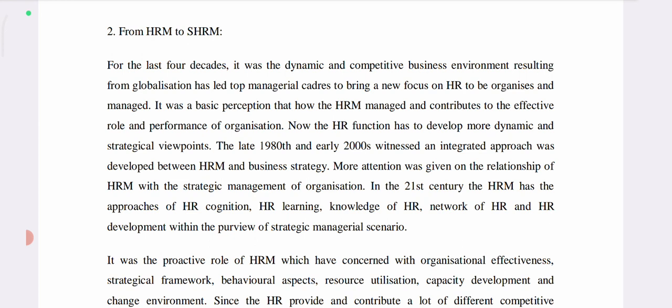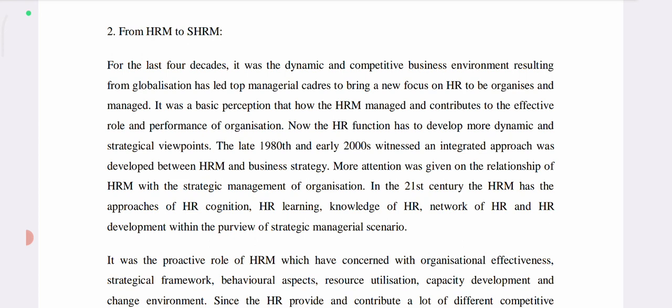The late 1980s and early 2000s witnessed an integrated approach developed between HRM and business strategy. Now HR was an important part, an asset of the organization. More attention was given to the relationship of HRM with strategic management.